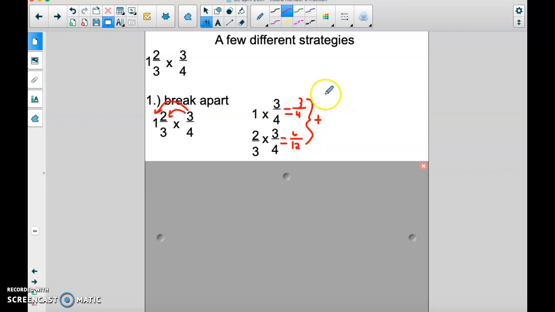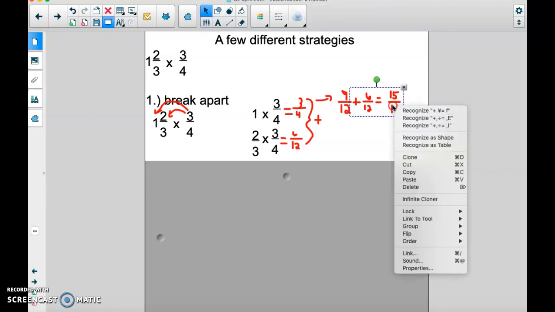So 3/4 I'm going to turn into 9/12 because I need a common denominator. And if I do that, I only have to change one denominator because that's already 12ths. And now I'm going to add the 6/12 to it, which should be equal to 15/12.